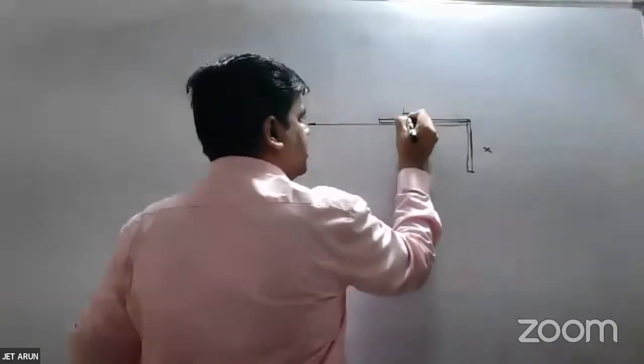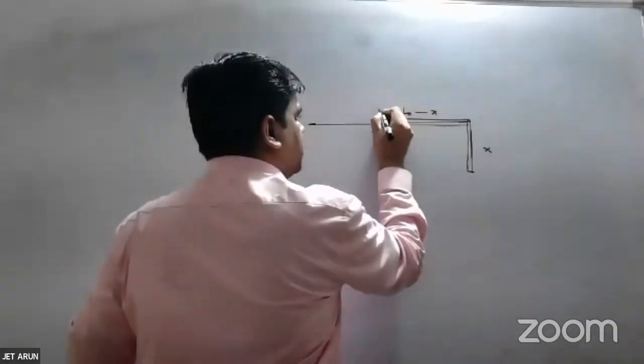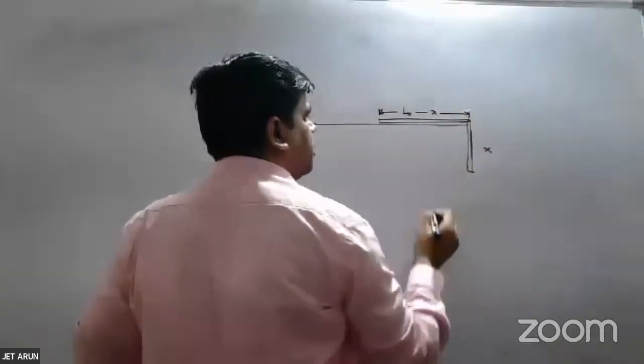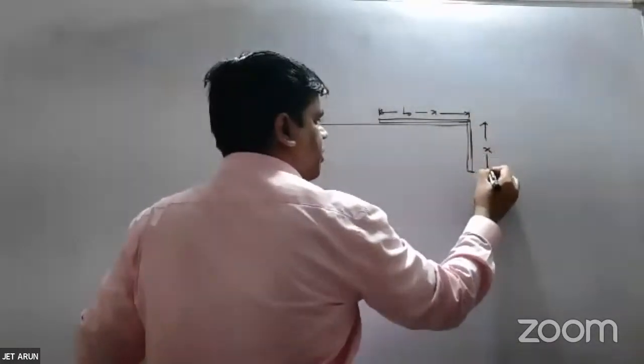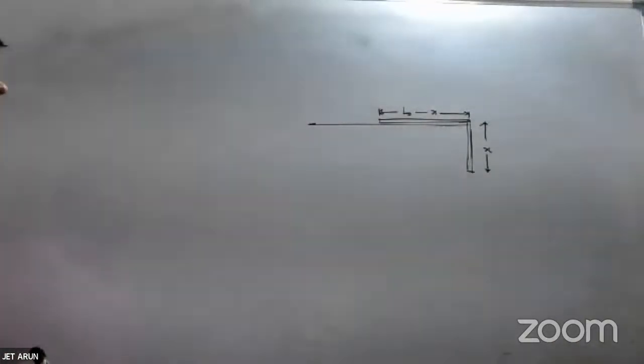Let this be x. This is L naught minus x. Let L naught be the complete total length of the string.